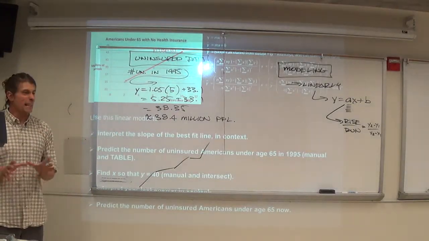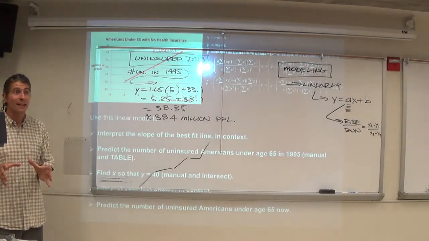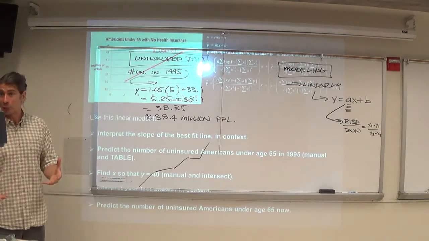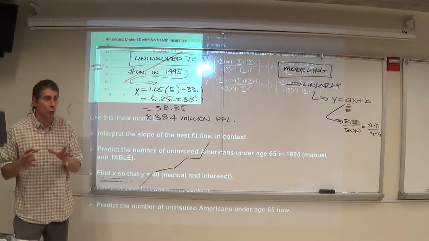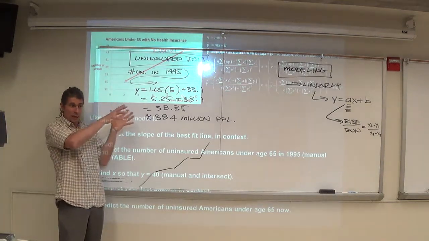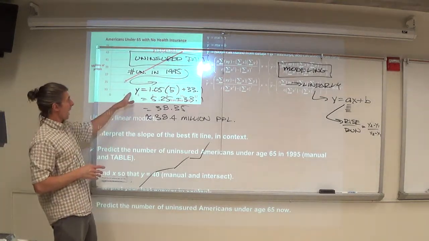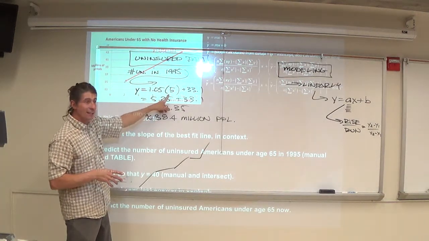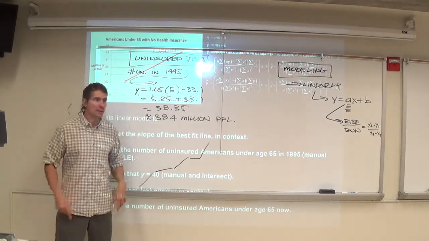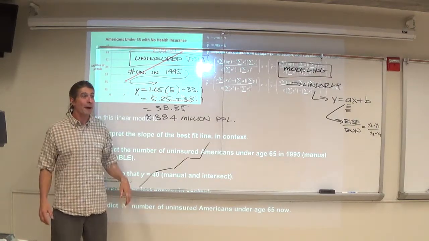But we also looked at that table feature that your TI has last time, which is an additional way to do it. And here's a general rule. If you have an algebraic equation like this, where you've got y as a function of x, if you have the x and need the y, go straight to the table. It's the easiest way to get the y that you need.